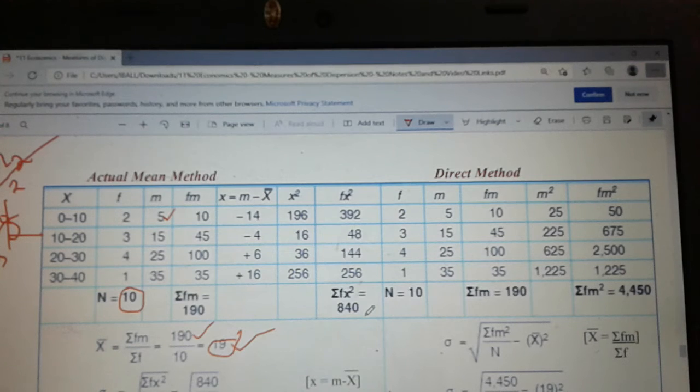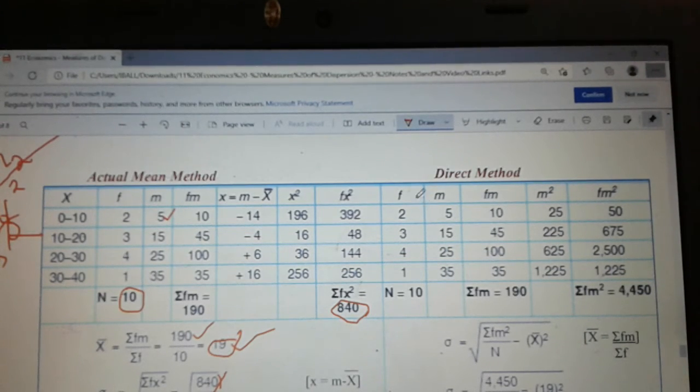After calculating, you will get 840. It means root of 840 by 10, the zeros are cut, root of 84, so the standard deviation equals 9.165, which is the root of 84. Now this is the actual mean method. I hope all of you understand, and come to the direct method.